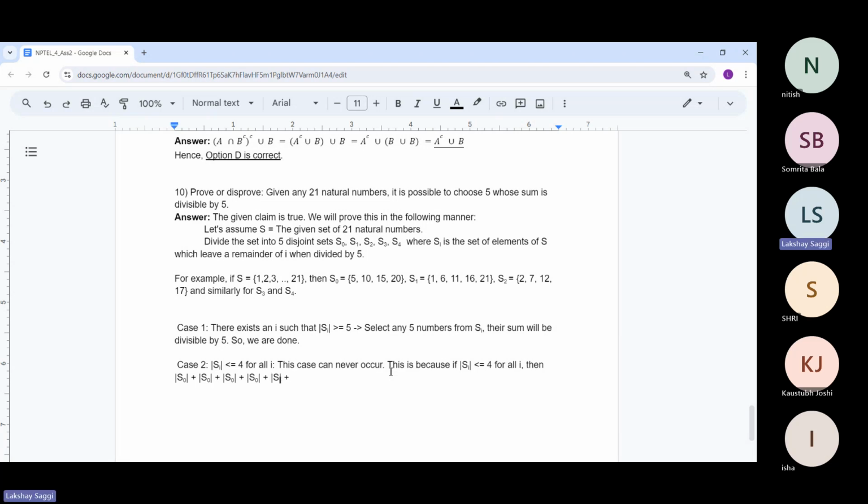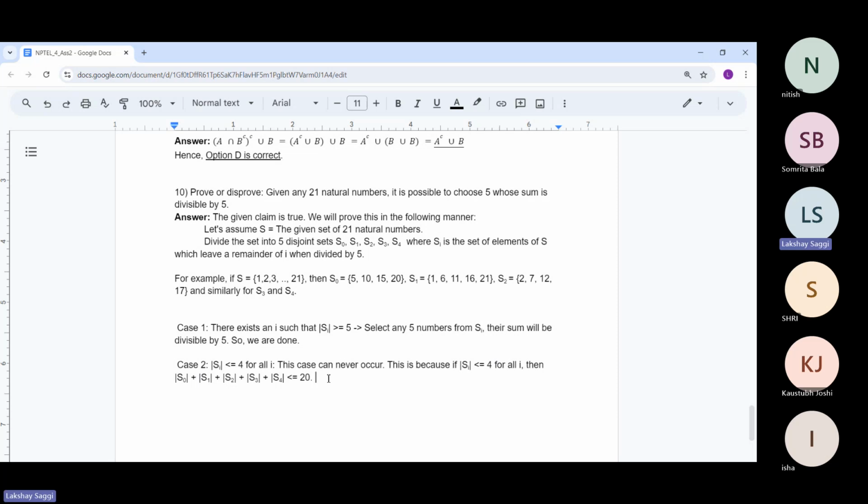Okay. So cardinality of S4, cardinality of S3, cardinality of S2 plus cardinality of S1. So this will be less than or equal to 20, right? Because each of these terms we are saying is less than or equal to 4.